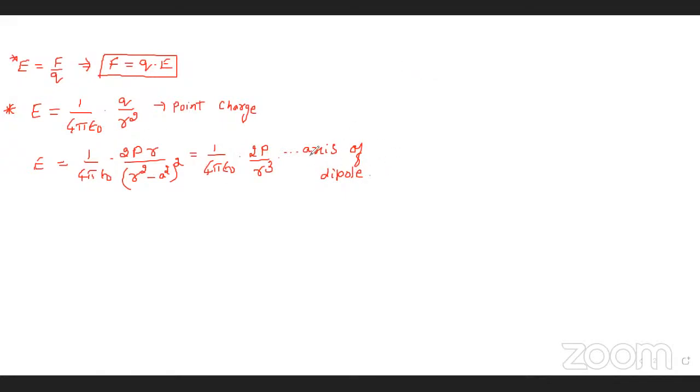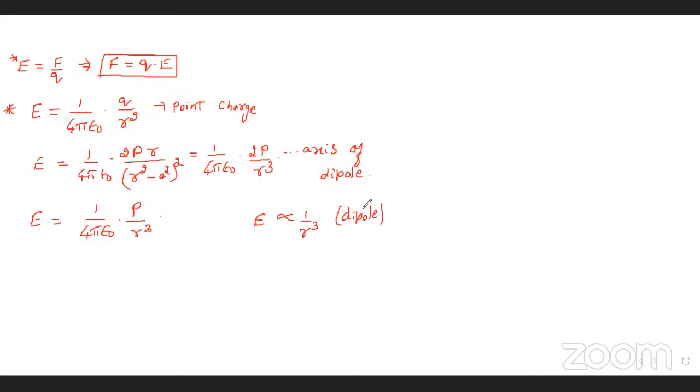For the axis of the dipole, what is the electric field formula? 1 by 4 pi epsilon naught into 2p by r cube. For the equatorial line, electric field is given by the formula 1 by 4 pi epsilon naught into p divided by r cube. So please remember, electric field is inversely proportional to r cube for dipole.